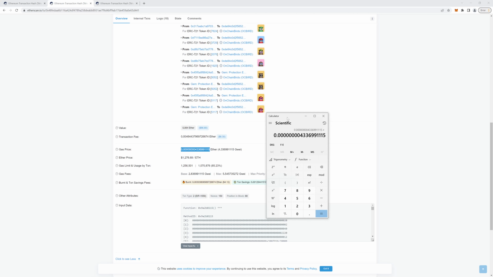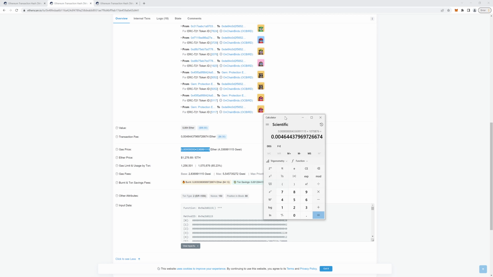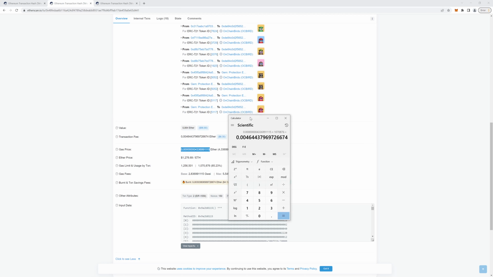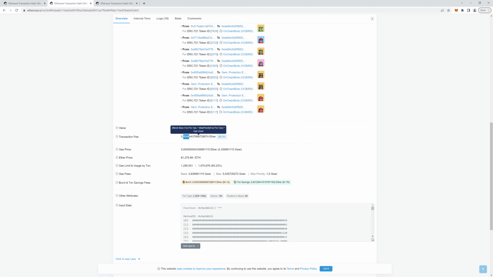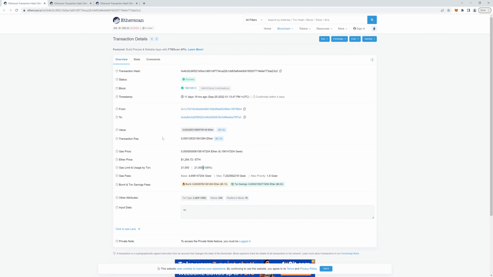I'll just type it in manually: 1070876. Okay, so you can see the total cost for the fuel is 0.004644 such and such, which you can see here, transaction fee. It matches up. And it'll be the same for whatever transaction you look at.